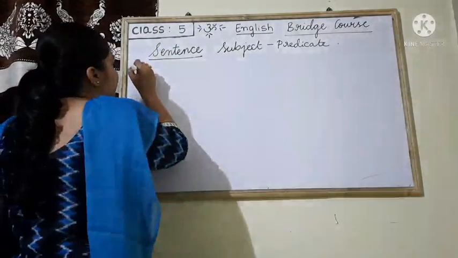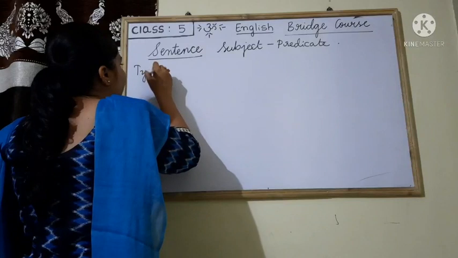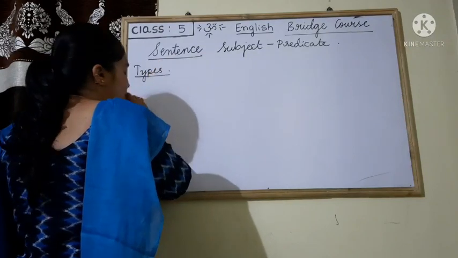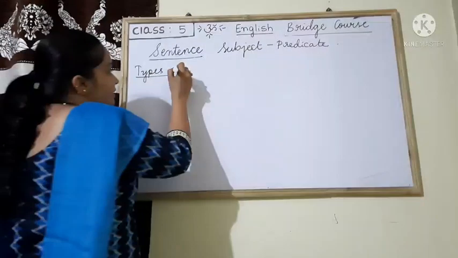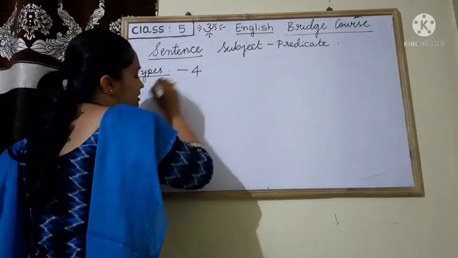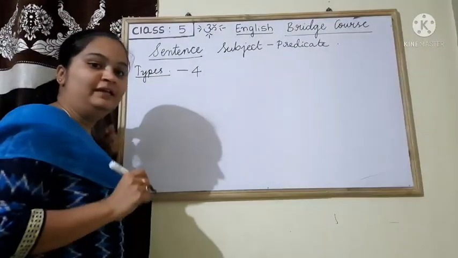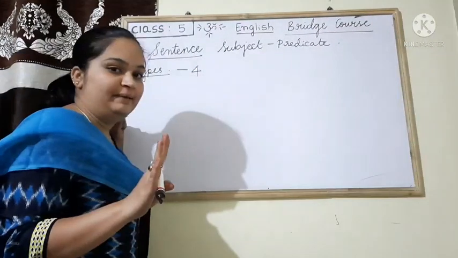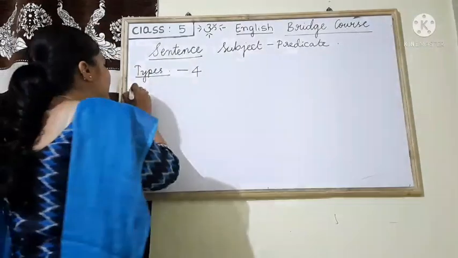So which are the types of sentences we come across? There are mainly 4 types of sentences. How many types of sentences are there? There are 4 types of sentences. Which are they?